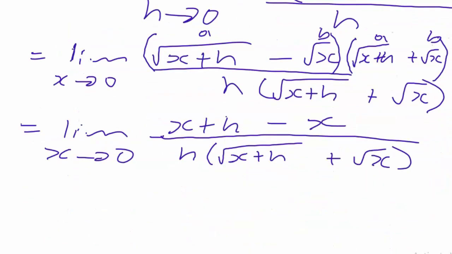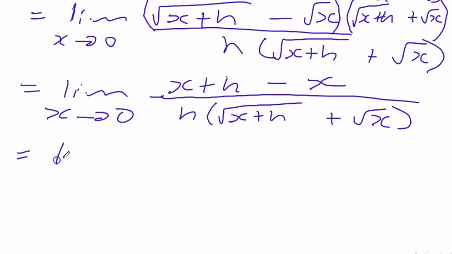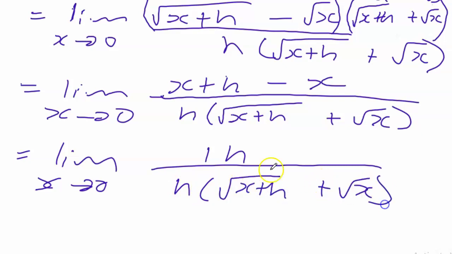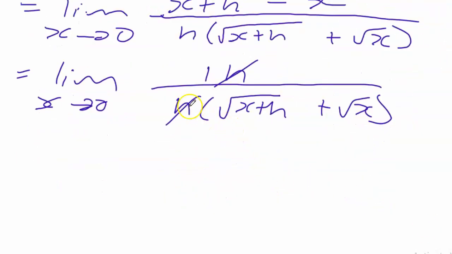So we end up with the limit as h approaches 0 of x plus h take away x, that's just h, over h times root x plus h plus root x. h over h, that's 1.